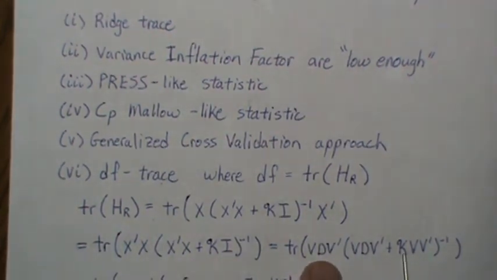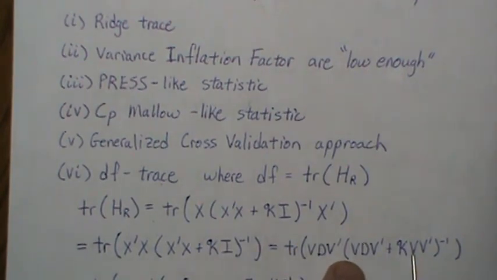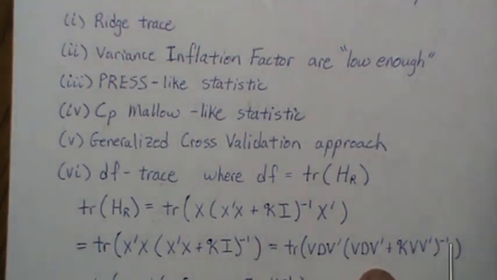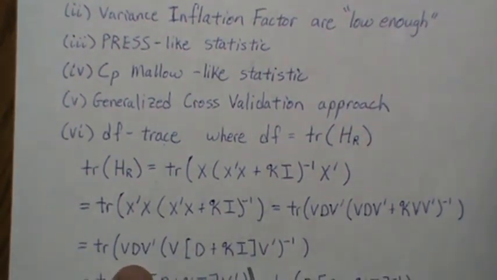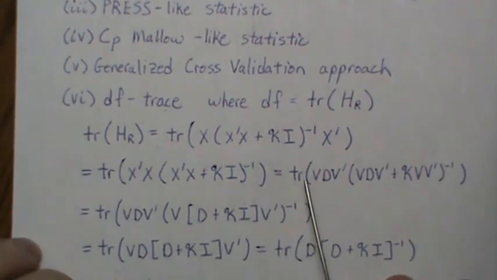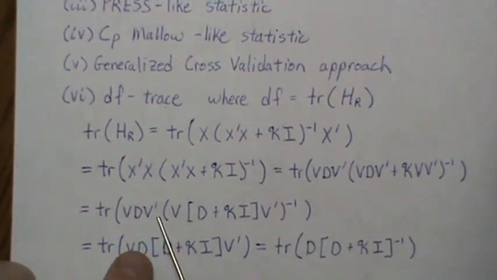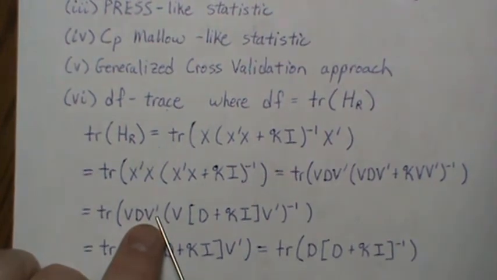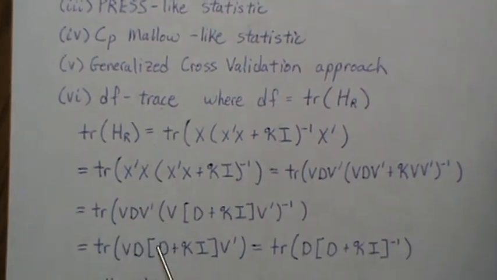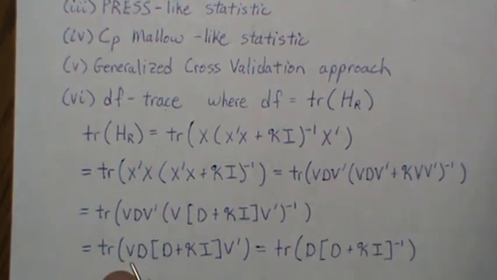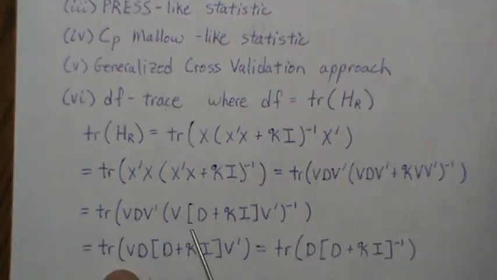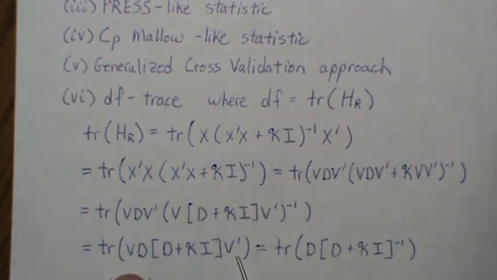But now when we factor out a V from here and factor out a V transpose and distribute the inverse, we get this. Then you distribute the inverse, and you get a cancellation. V prime V goes away, and we're left with this matrix here. But now, since we're still in the trace, we can move that matrix to the back, and V transpose V is the identity matrix.